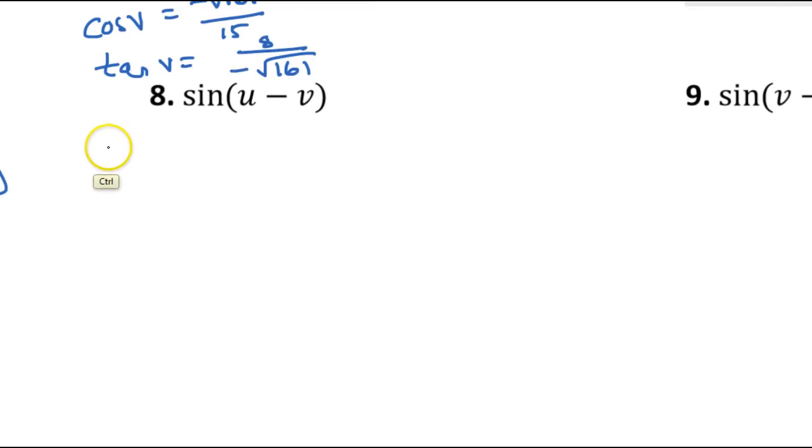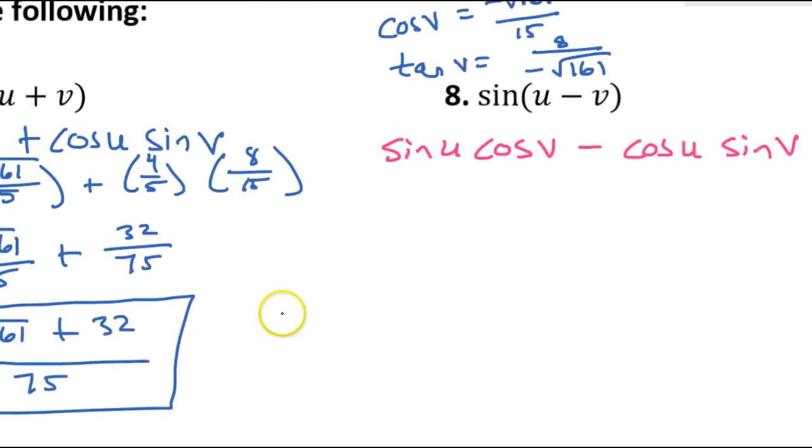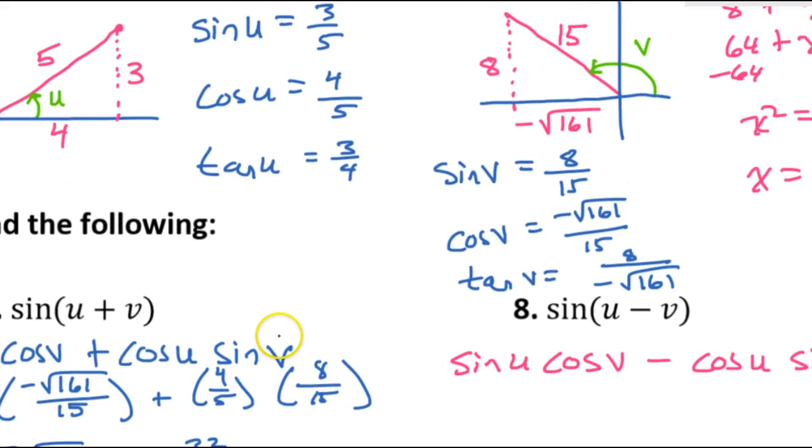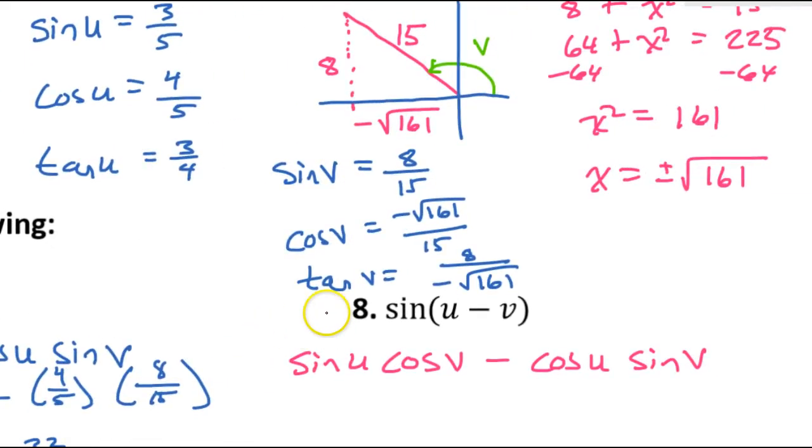As we do number 8, we are going to say sine, cosine, cosine, sine. So sine of u times cosine of v minus cosine u sine v. And we'll substitute in all the values. Sine of u is 3/5. The cosine of v is negative radical 161 over 15.